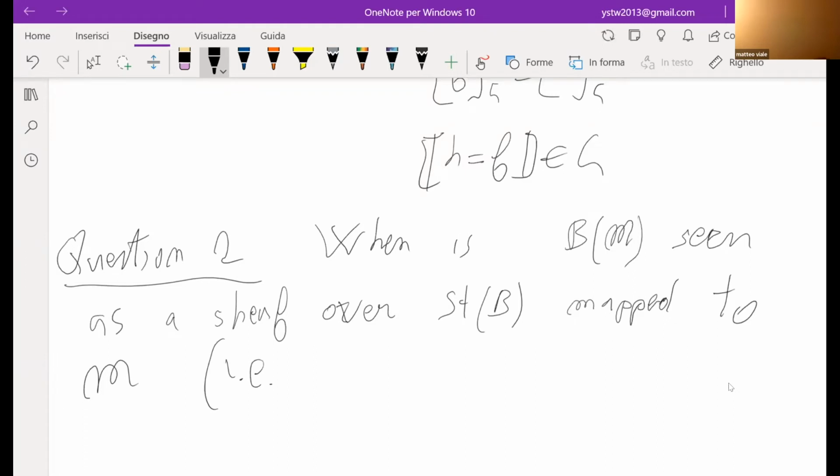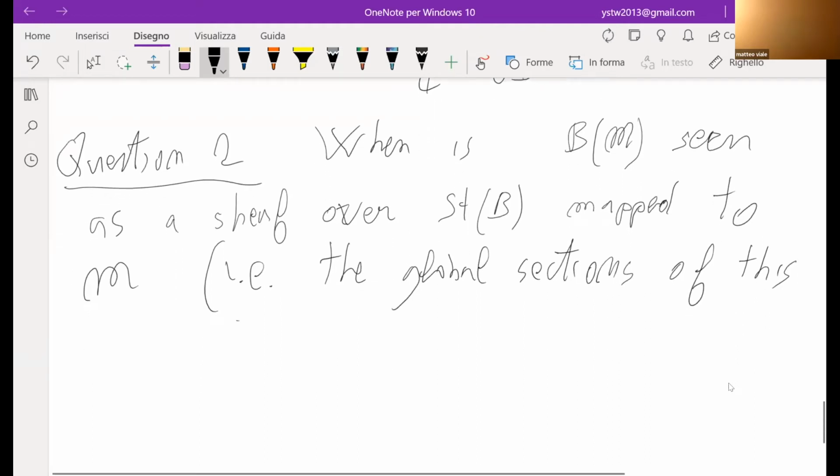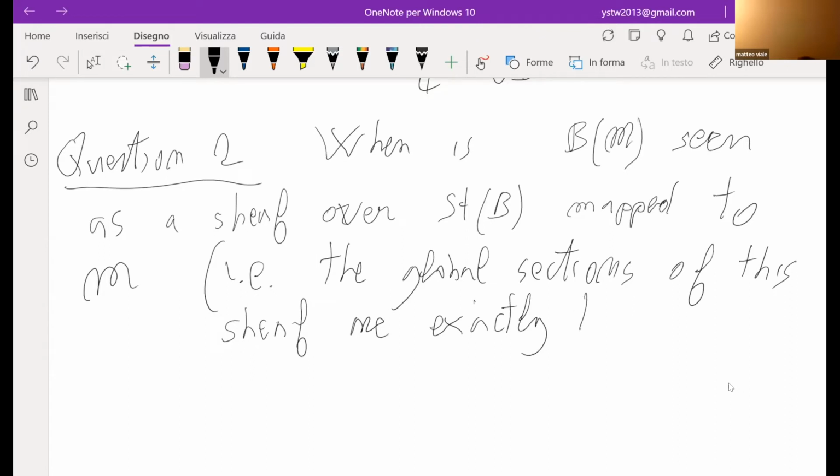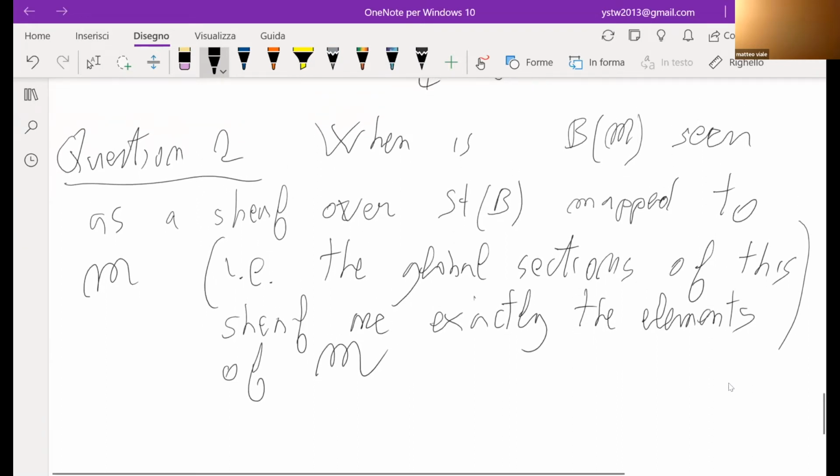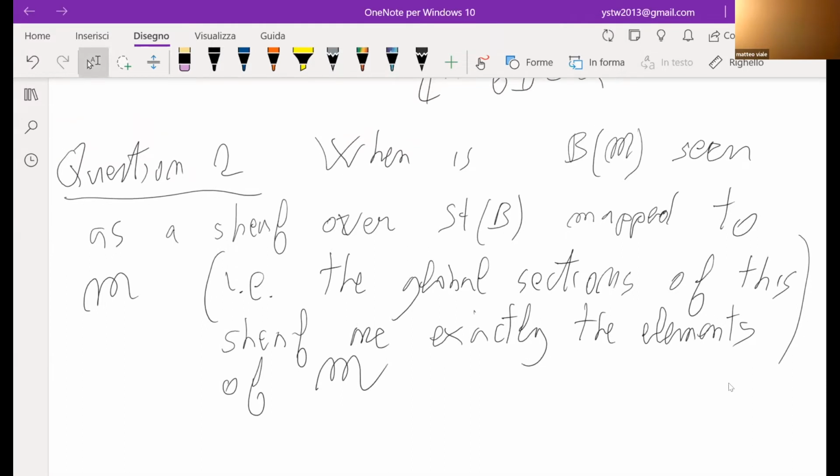So to make this precise, i.e., the global sections of this pre-sheaf, or of this sheaf, are exactly the elements of M. Okay, so in principle, we start from a pre-sheaf.